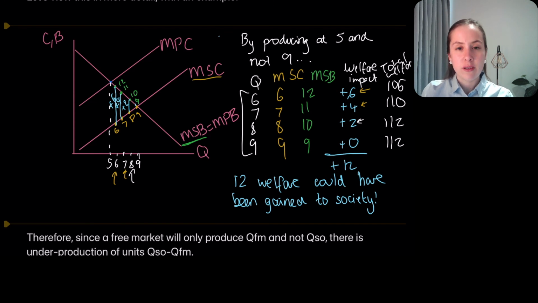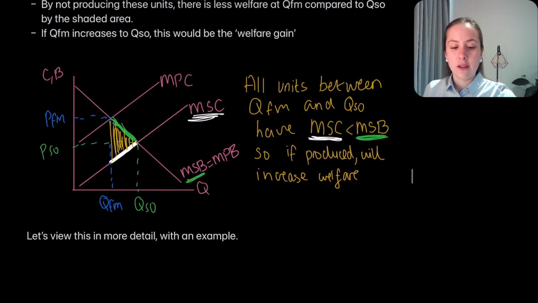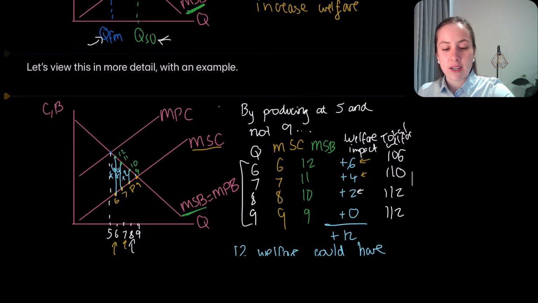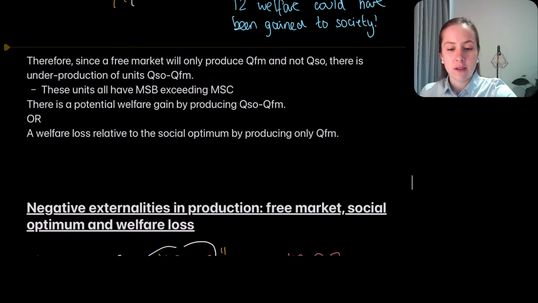It ends up with 100 welfare and not 112. And 112 is better. That's why, looking at this, the free market is only able to achieve a lower welfare than what would have been achieved had the firm cared about somebody other than themselves.